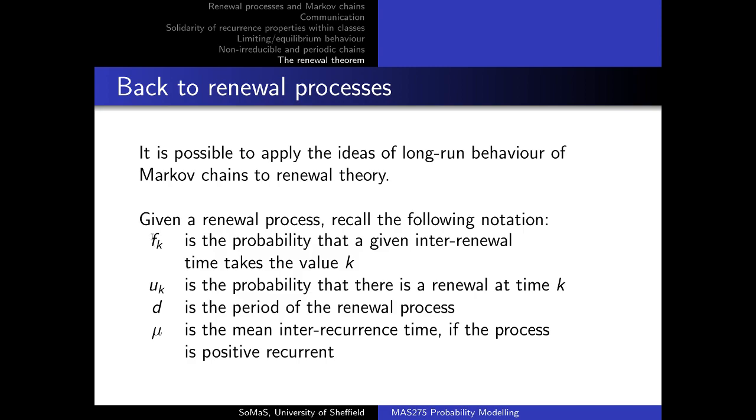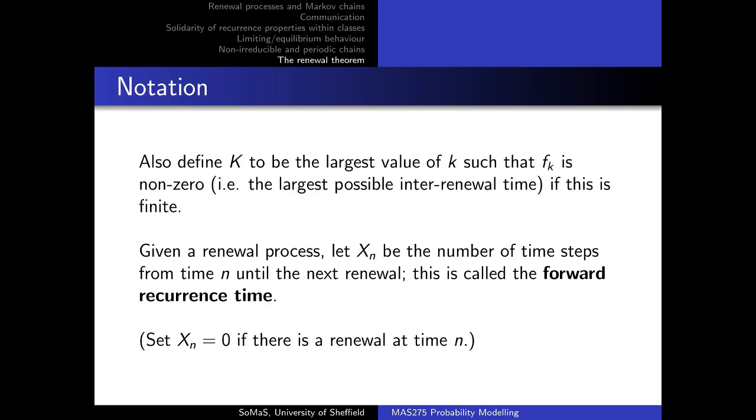Fk is the probability that your waiting time has value k, and Uk is the probability that there is a renewal at time k. And d is the period of the whole thing, and mu is the average of your waiting time, the expectation of a random variable with distribution Fk. And we're going to use Markov chain theory to get something interesting about our renewal process.